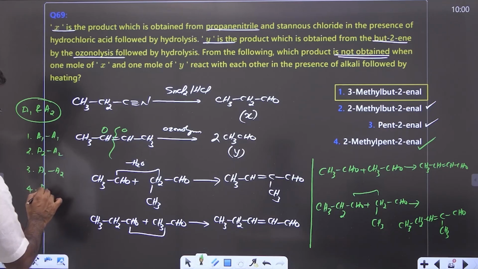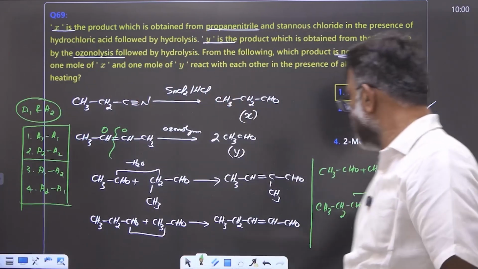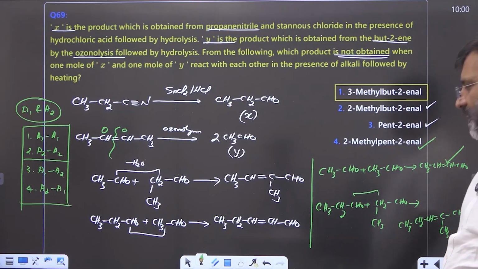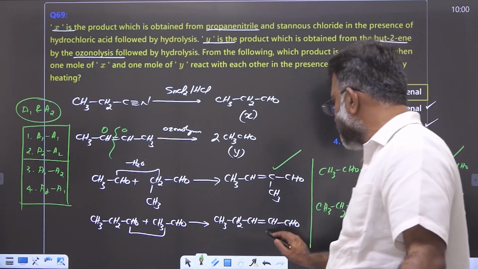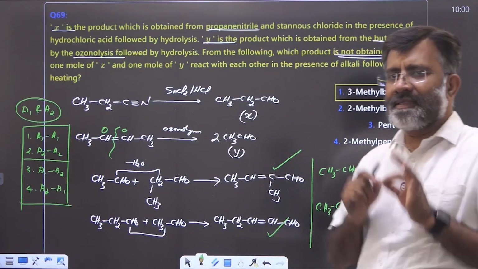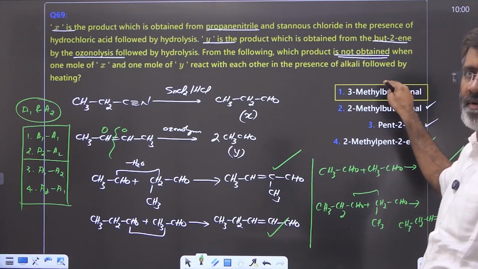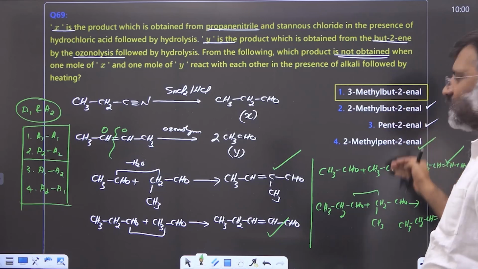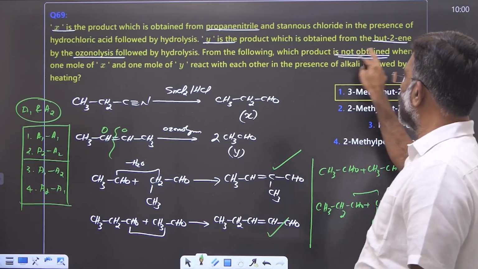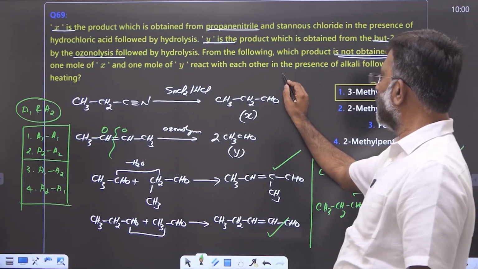Product number 4 is the A2-A1 cross product. These are the 4 products you can get. That possibility is not satisfied by this; this is not in the picture. So other choices are available, and the question is, which is not obtained? 3-methylbut-2-enal.